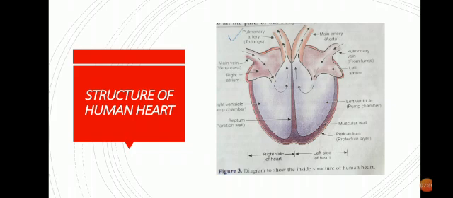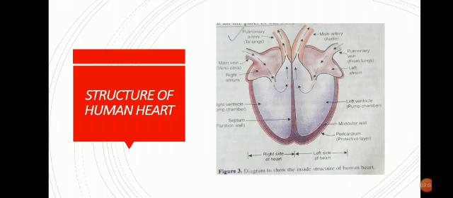Now what happens when it is being distributed to all the parts of the body? What happens inside the cell? Respiration takes place. It eliminates carbon dioxide. Now that carbon dioxide again gets mixed with the blood, right? Now that blood is carried by veins towards the heart, right? Now you see the right side.